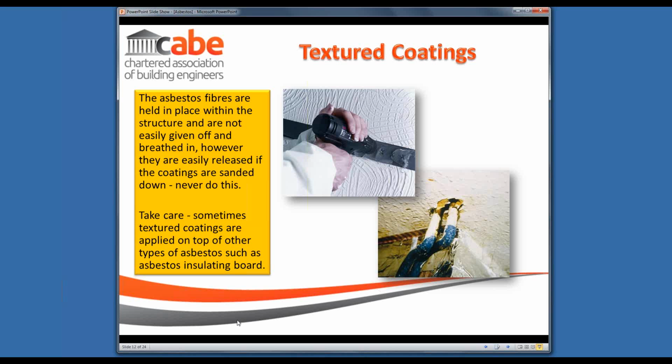Then, predominantly through the late 60s and 70s, there was a trend to go for textured surfaces. Obviously more recently we have textured surfaces that do not have the asbestos content, but when we're dealing with existing properties it can be difficult to know what exactly we're encountering.